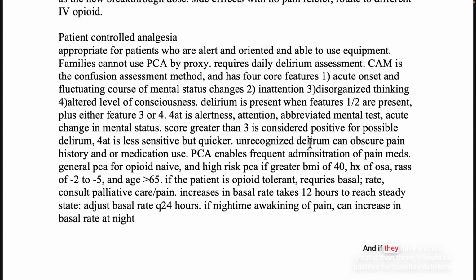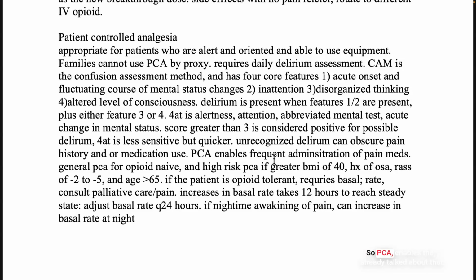And if they have a score greater than 3, it could be positive for possible delirium. So you've got 4 aspects: alertness, attention, abbreviated mental test, and the acute change in mental status. And each one of those has a score of 0 to 3. If they have a total score of 3, it's possible for delirium.